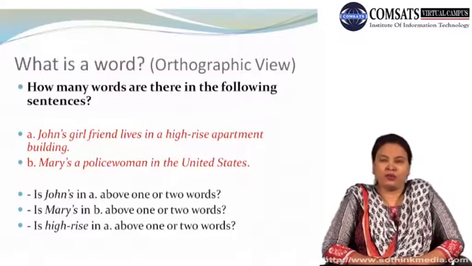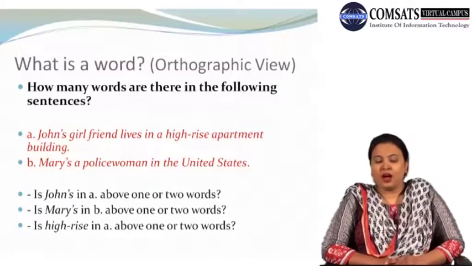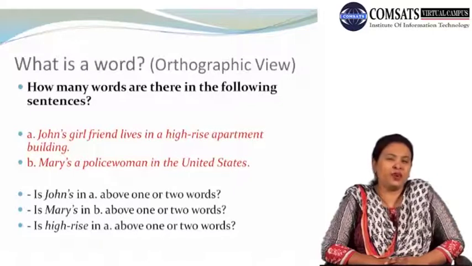Now if you have counted the words, keep them with you and look at these problems. John's, the first word, and the first word in the second sentence, Mary's. Have you counted them as one word or two words? One or two?